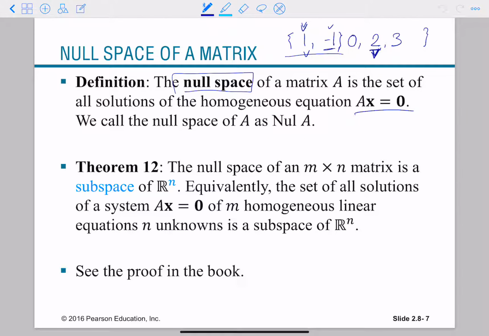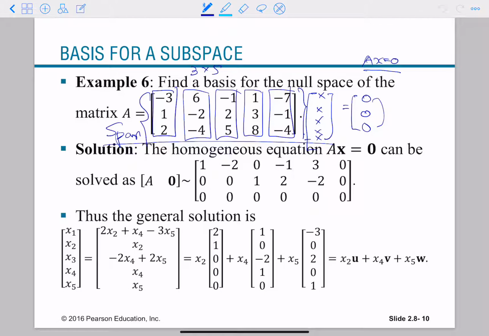So in the case of the column space, for example, in this case, A is a 3 by 5 matrix, and the column space belongs to R3, and the null space of A belongs to R5.